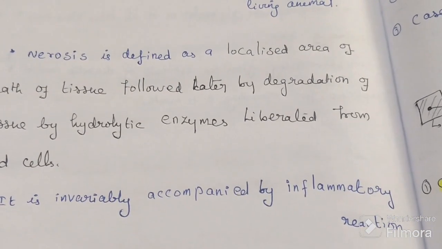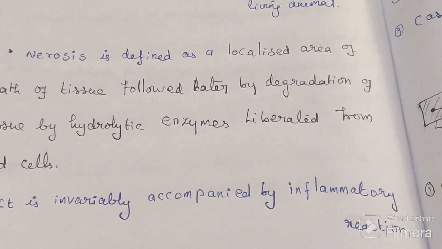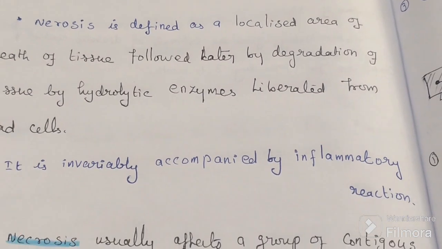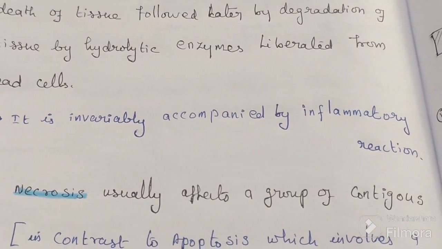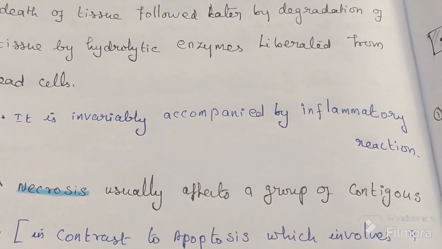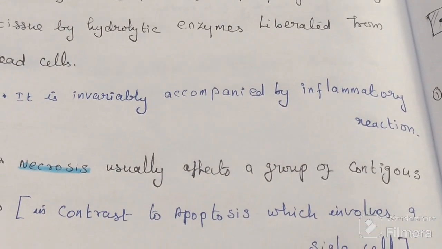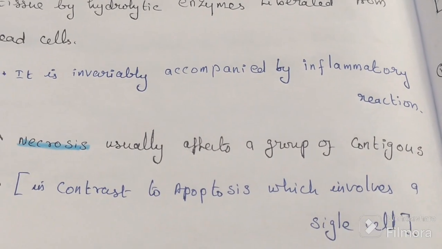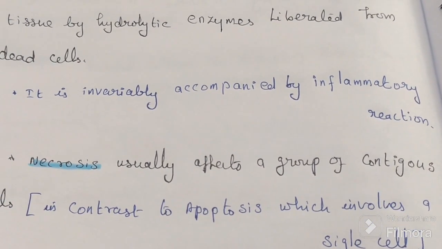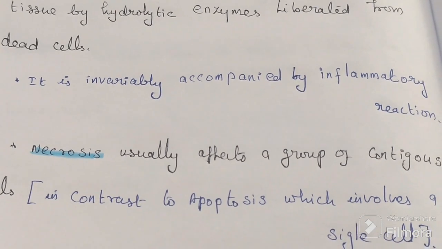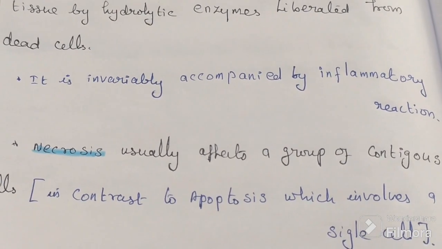So necrosis is death of cell and tissue in living animals. In apoptosis, the caspase enzyme is activated and degrades the cell into apoptotic bodies. Here, hydrolytic enzymes get activated, which cause degradation of tissue and bursting of the cell.